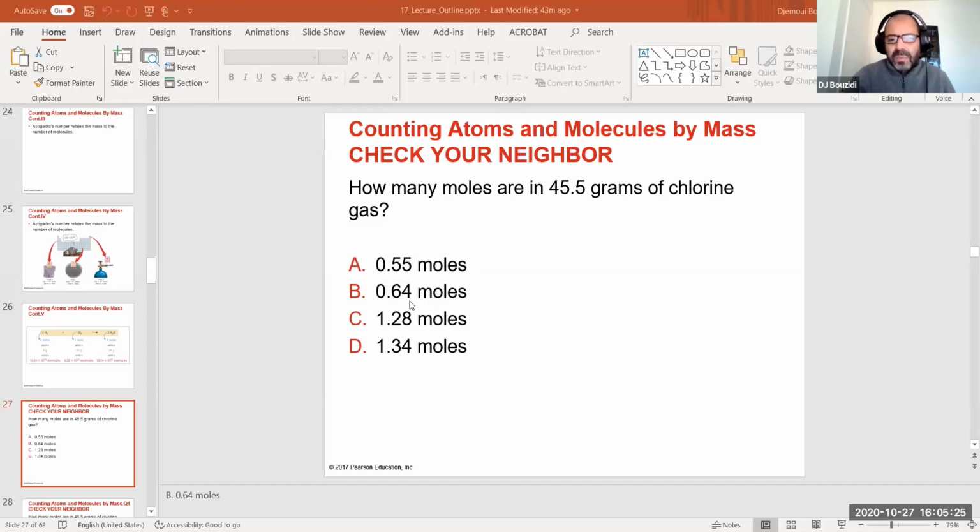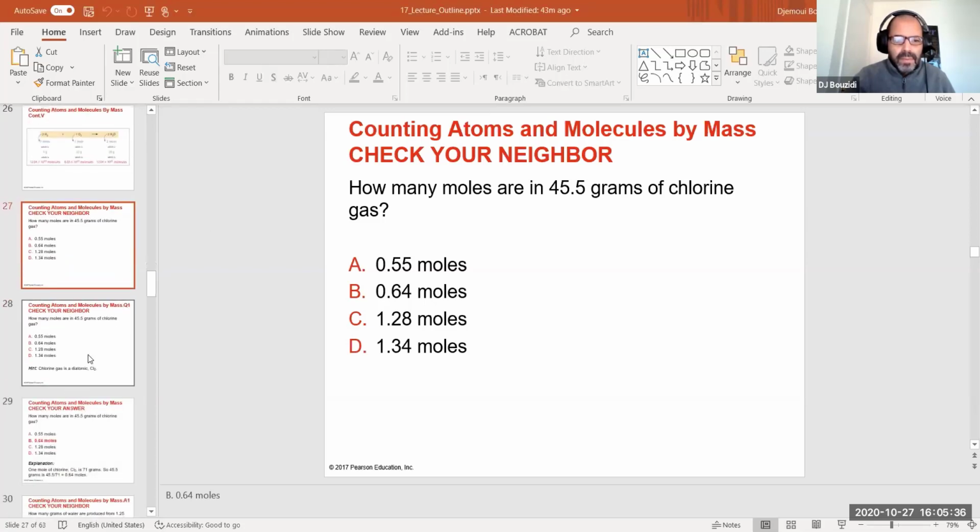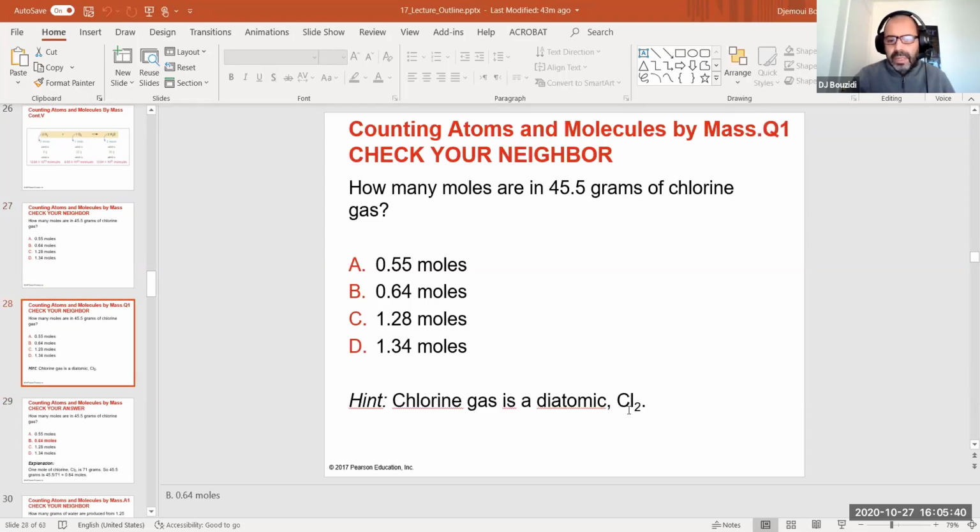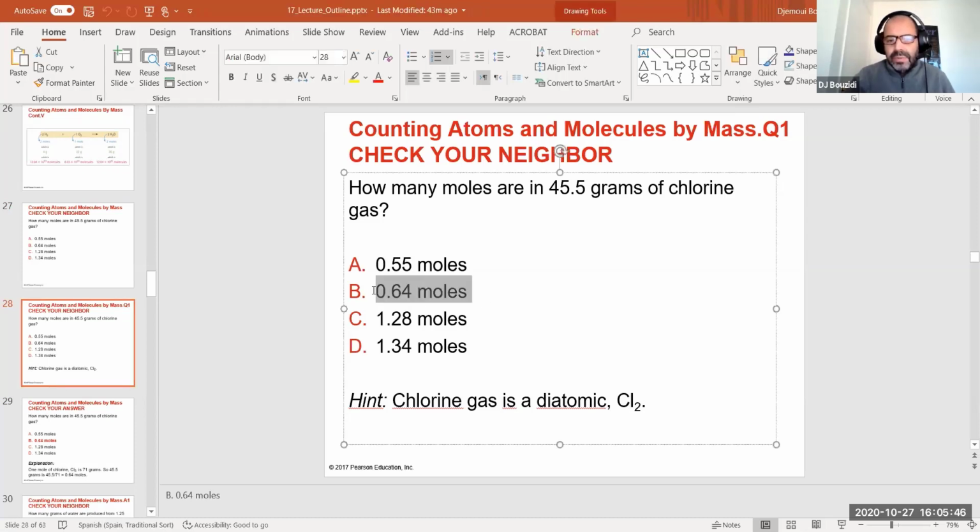You're going to get 0.64 moles. So it's slightly more than half a mole. So for Cl2, again, it's a diatomic gas. So again, that's the correct answer.